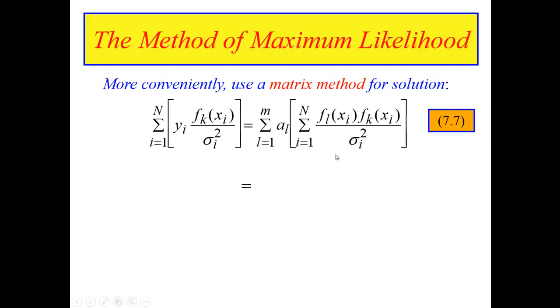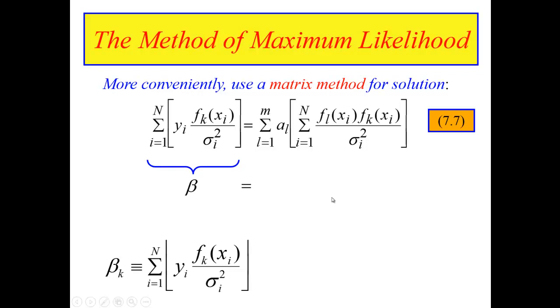We'd written it out equation by equation before, but if we just go back in a simple form here, then we can identify the term on the left-hand side of this equation as the elements of a matrix that we'll call the beta matrix, where the kth element of the beta matrix would be the term here.